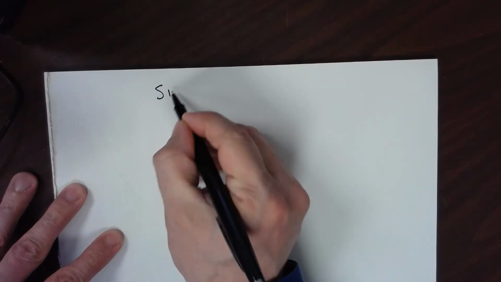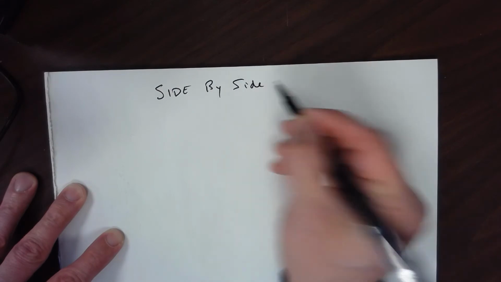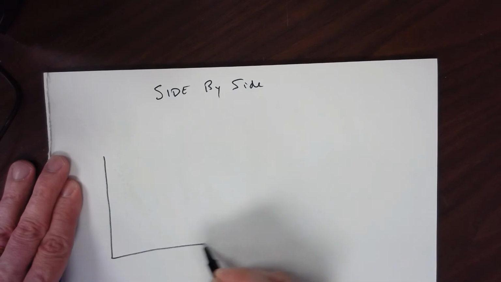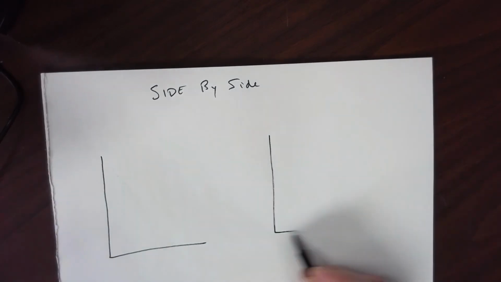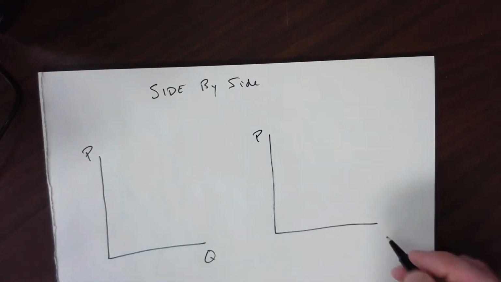So now I need to show you one more thing. One of the things that they like to do in microeconomics is something called side-by-side graphing. You'll have two curves side by side, and that's why it's called side by side.